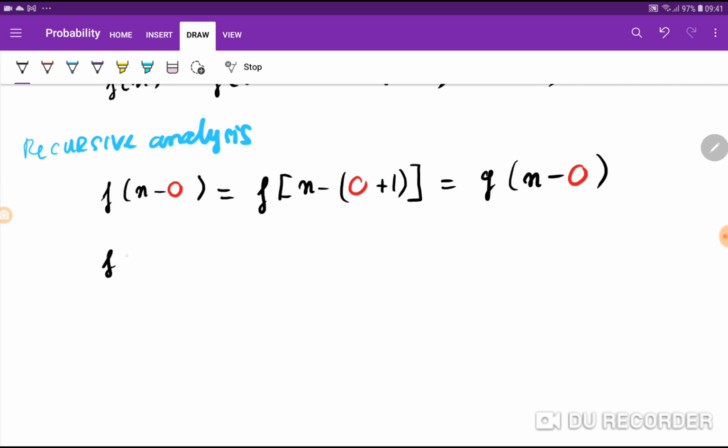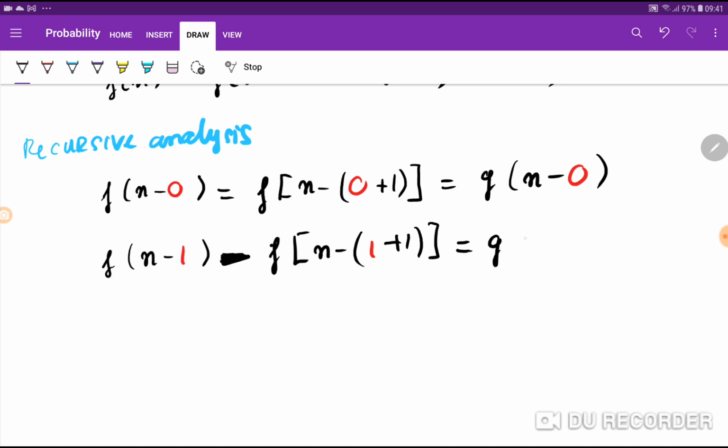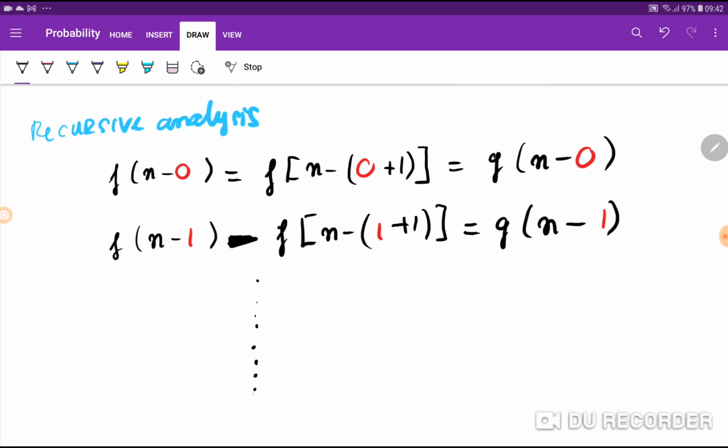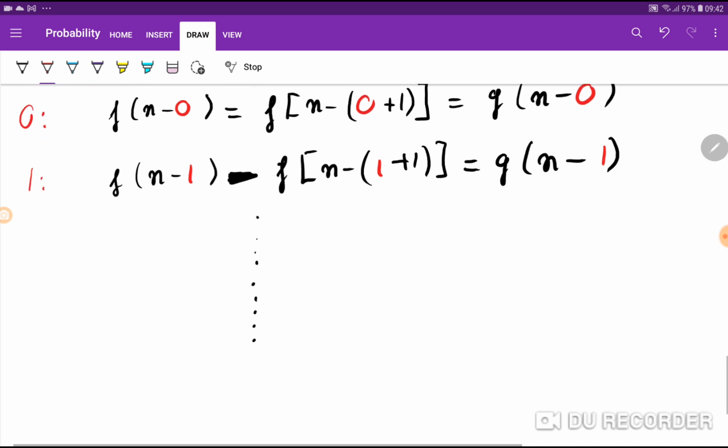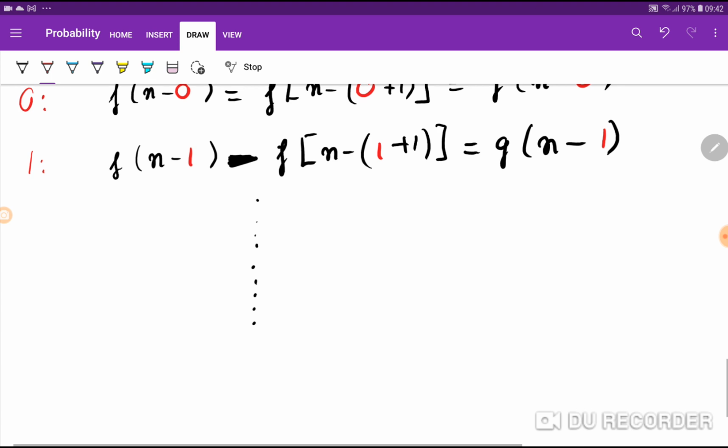So f_(n-1) minus f_(n-1-1) equals g_(n-1). Okay, and so on the way. This is for 0, this is for 1, on the way to n minus 1.